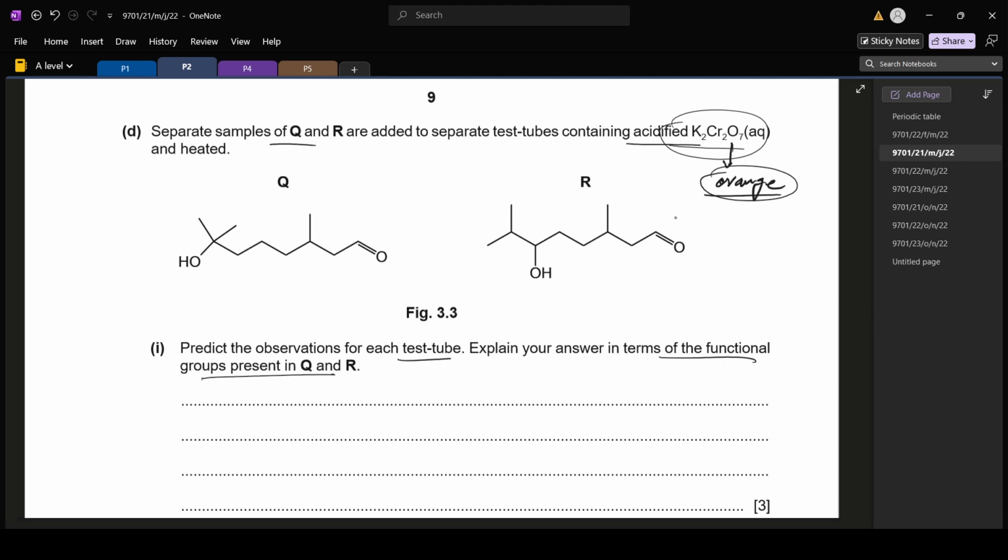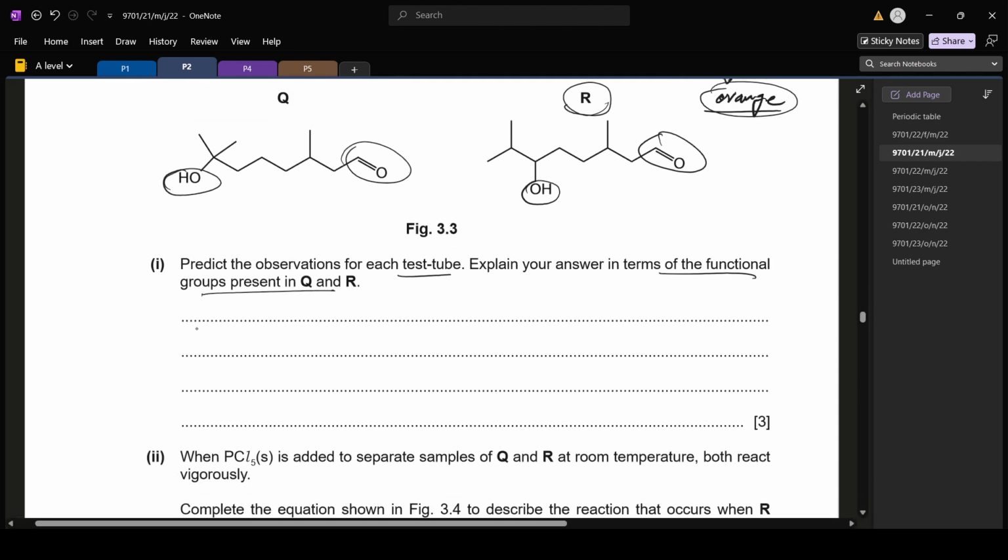So when you react potassium dichromate, the aldehyde groups in both R and Q will oxidize into carboxylic acid, and in R, this OH group will also oxidize into a ketone. But in Q, the OH group will not oxidize, because this is a tertiary alcohol, and tertiary alcohols can't be oxidized.